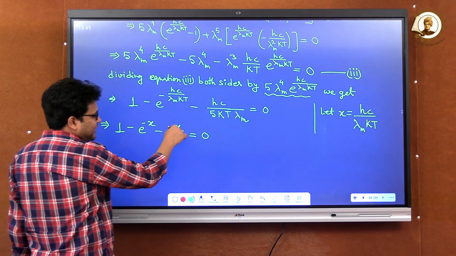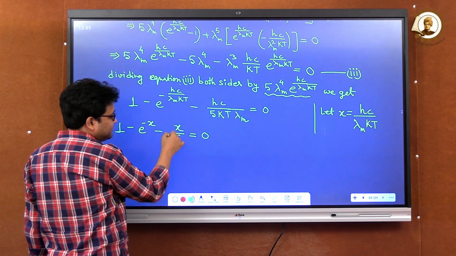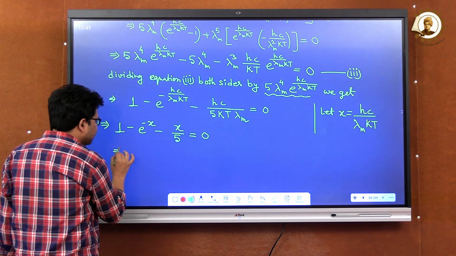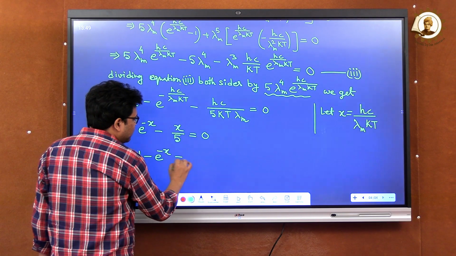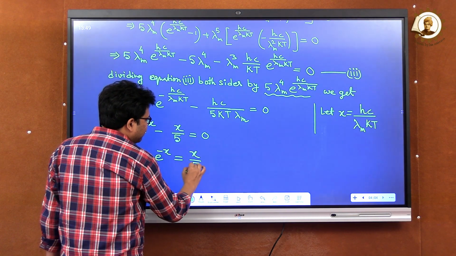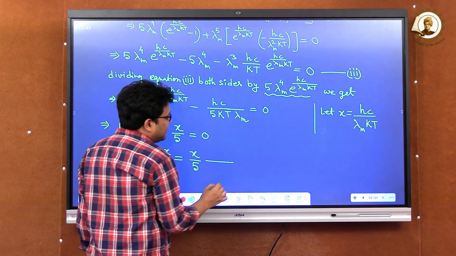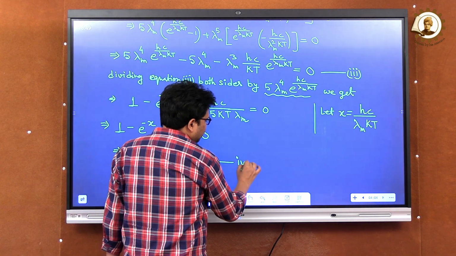If we take x by 5 on the right hand side, we have 1 minus e to the power minus x equals x by 5. This is our equation number 4.